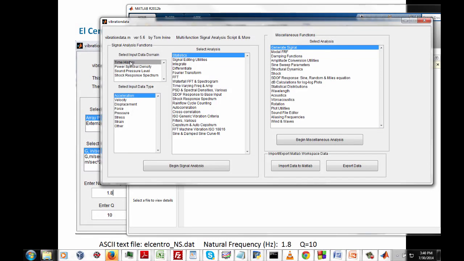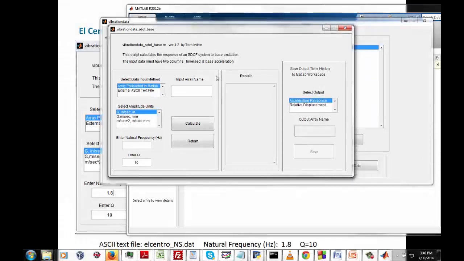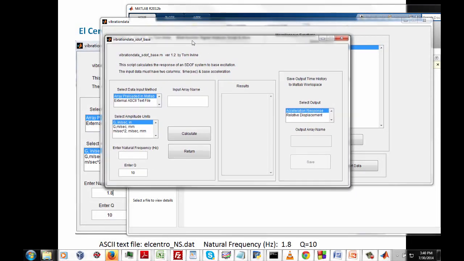So we're going to have a time history input. That's going to be the El Centro north-south component data. We're going to do a single degree of freedom response to base input. You've already seen the screenshot of this in the slide, plus we've run this particular function before in past units. So we're going to have our input.